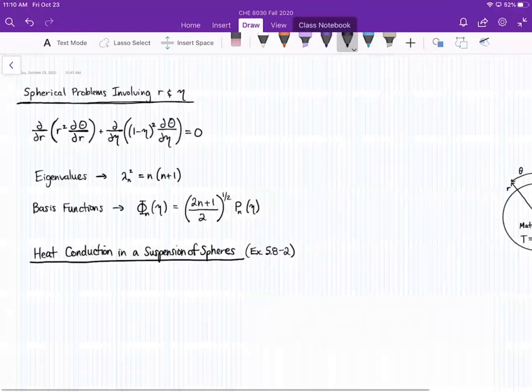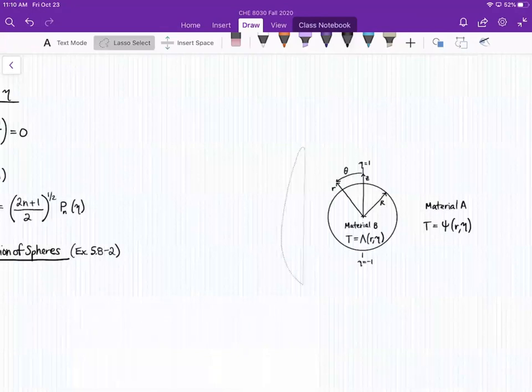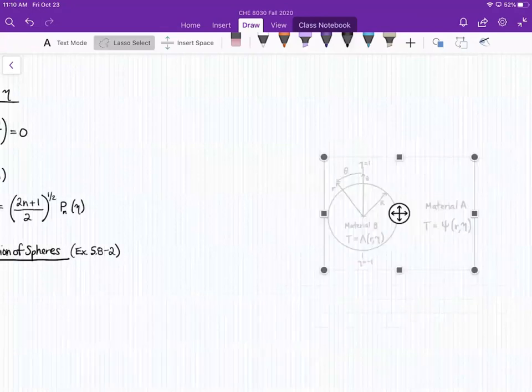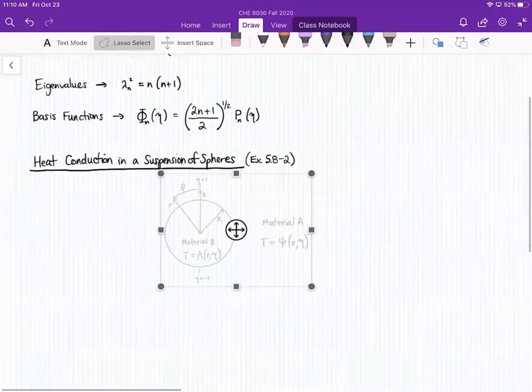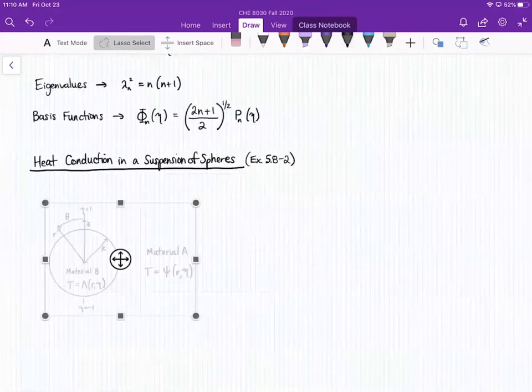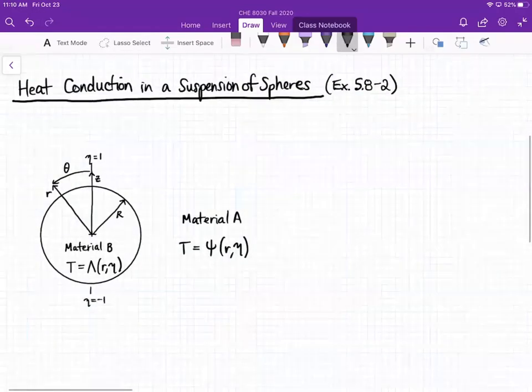So I already spent a bit of time putting a drawing together. Let me bring that back into frame. So here's our scenario.